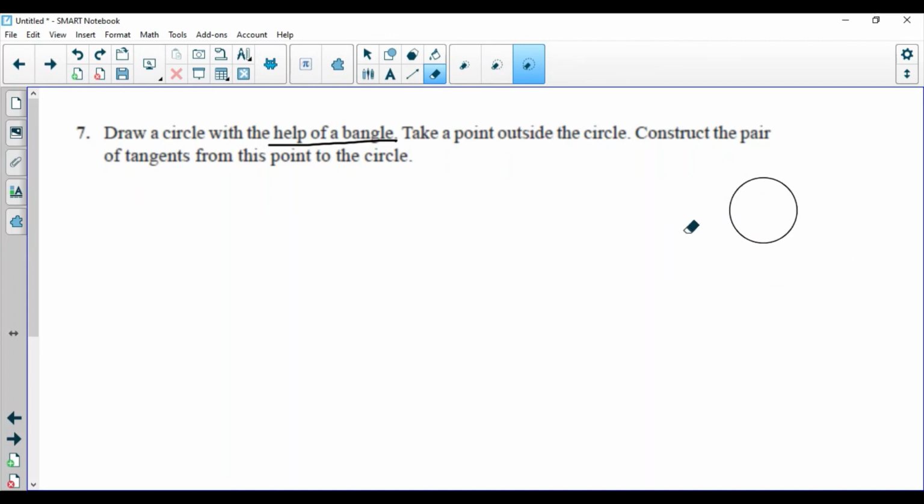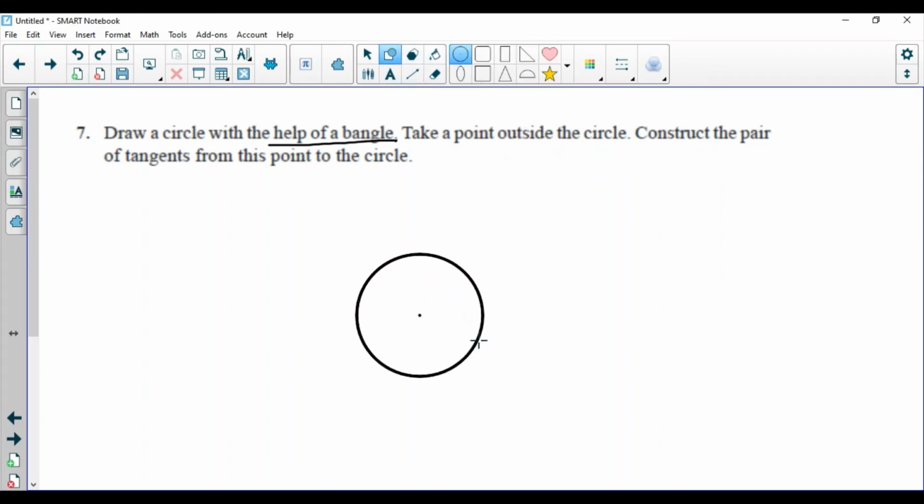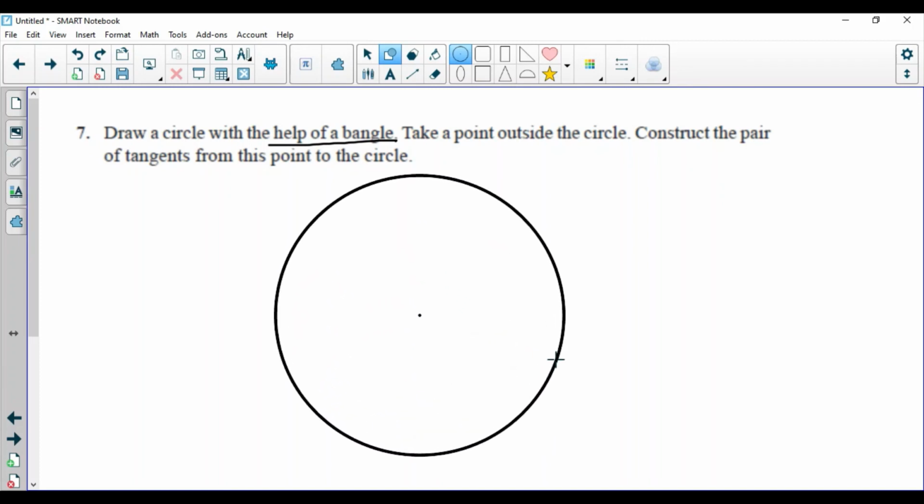But here in our question, the center is not given. That means our first aim should be finding the center. So we will draw one circle here without any center, with the help of a bangle. Now to find the center, we should recall a theorem from class 9 which says the perpendicular drawn from the center bisects the chord.